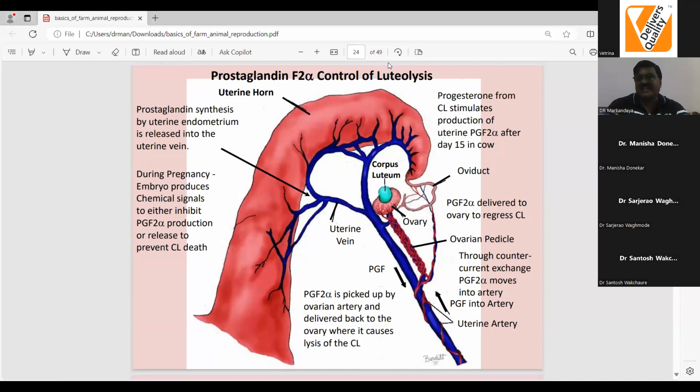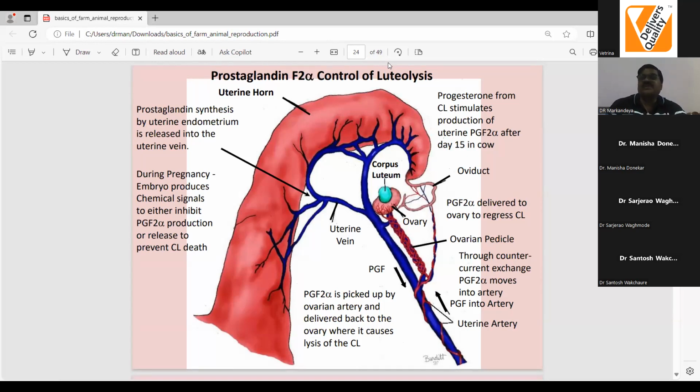Prostaglandins are carried from the endometrium through the uterine vein toward the corpus luteum. Vasoconstriction is one theory, that due to vasoconstriction the blood supply to the corpus luteum itself is reduced, and therefore there is lysis of the corpus luteum.